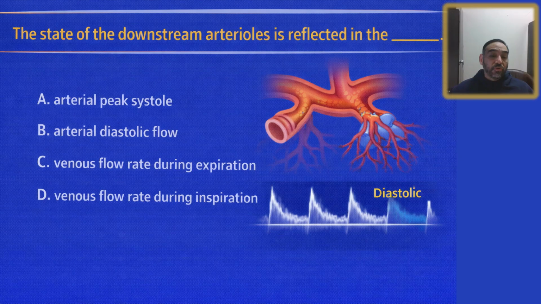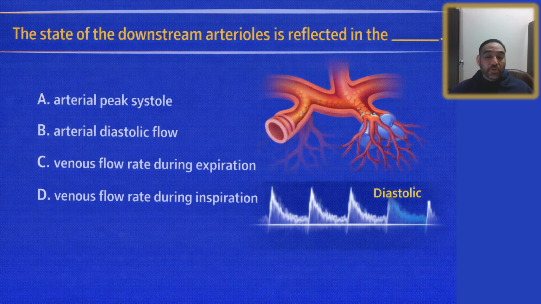The other answer that was incorrect is C, which is venous flow rate during expiration. So venous flow patterns are influenced by respiratory variation, right atrial pressure, and thoracic pressure changes, and they don't directly reflect downstream arteriolar resistance.